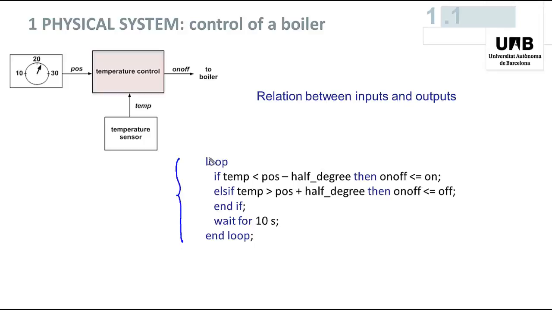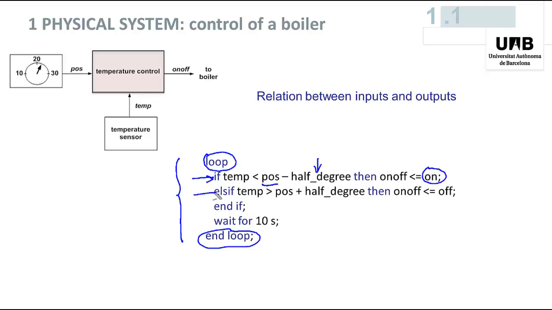It is a continuously executed loop, and it's easy to understand the control algorithm. First rule: if the temperature measured by the sensor is smaller than the temperature defined by the position of the selector minus some margin, let us say half a degree, then the boiler must get started and the on-off signal, output signal, must be equal to on.